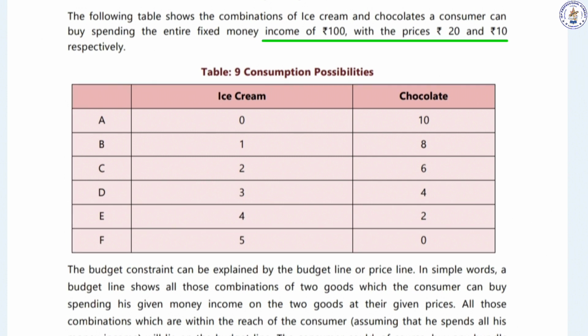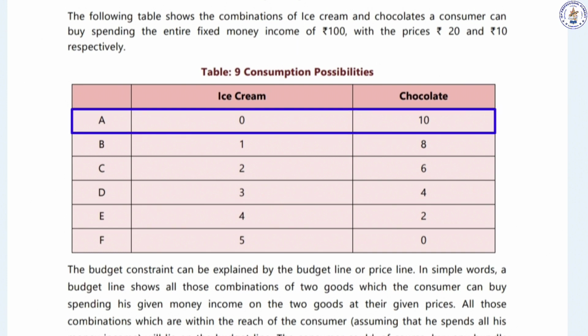The fixed monthly income is assumed as rupees 100 as per the given example, whereas there are two commodities that he wishes to buy with that rupees 100, which is allocated from his income towards satisfaction of consuming these two items. Now the price of ice cream is taken to be 20 and chocolate is taken to be 10. And how he rationalizes this 100 rupees between these two commodities is explained in the consumption possibility table.